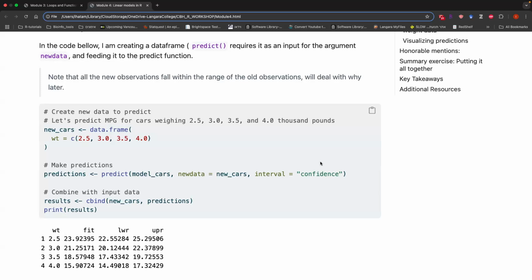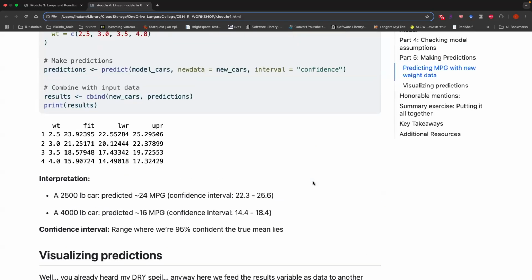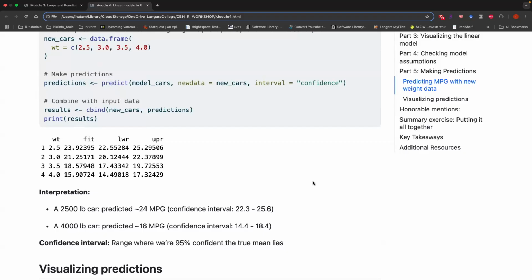So 80. What did you get for 80? How many minutes? 4.17. Okay, so now we understand how we predict, how we use the predict function in order to do that.